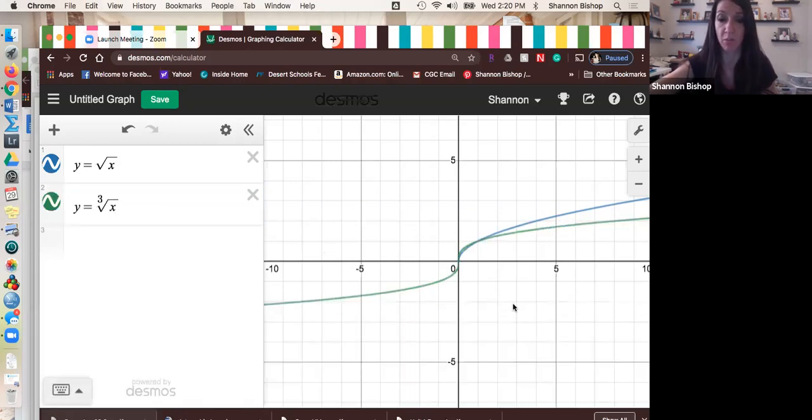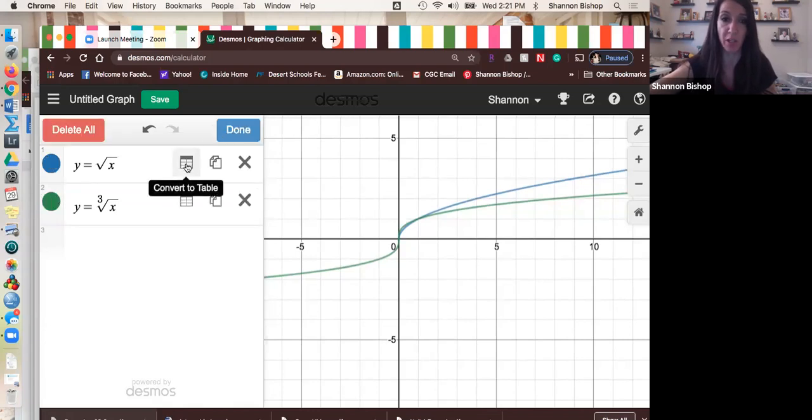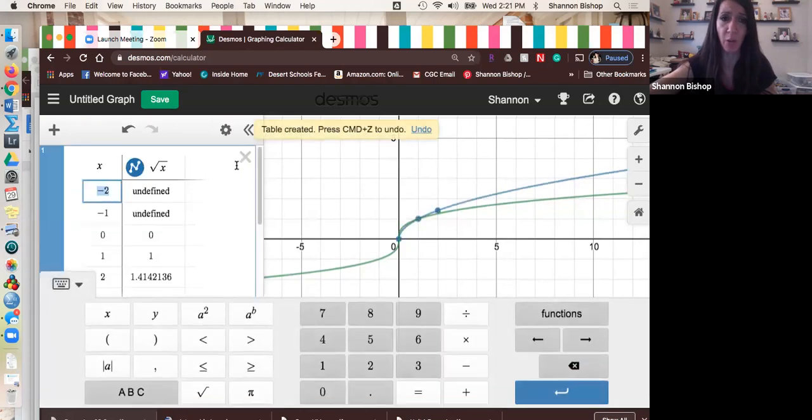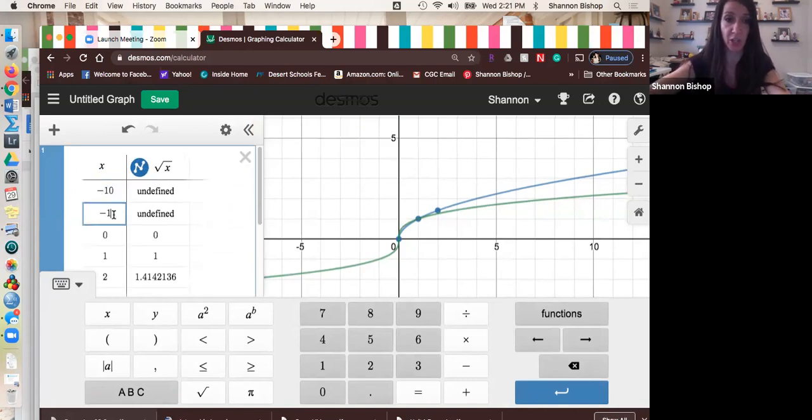So certainly you have a feel for what the graph looks like, but your document obviously wants you to make a table for very specific values. To do that, remember, you can just hit the wrench right here and then push the little table feature, and it will populate a table for you. Once you're in that table, you can change it to whatever you need it to be.